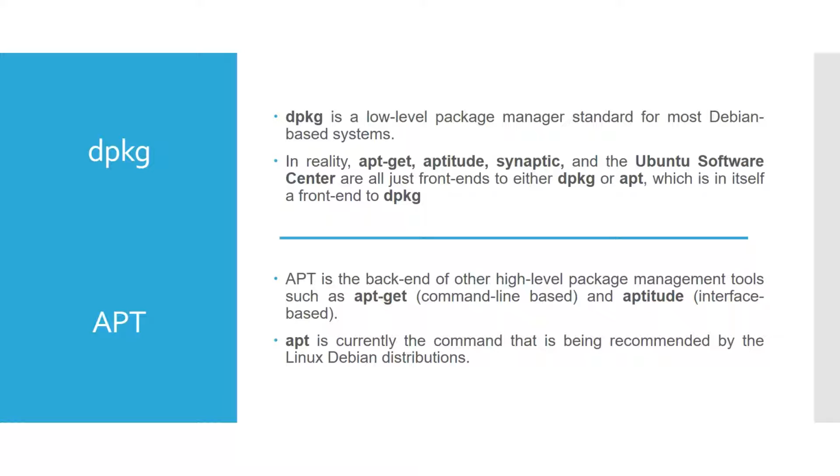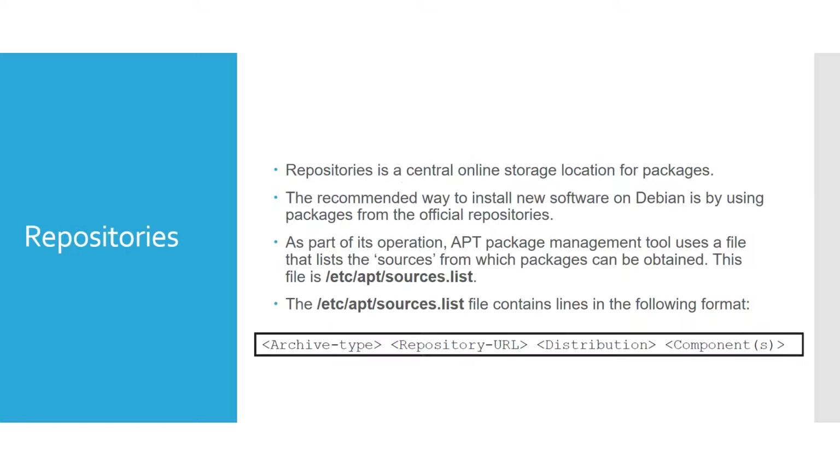APT is currently the recommended command. If you want to download any software on a Linux system, this is the recommended one, especially with Debian OS. Let's move to the next slide.